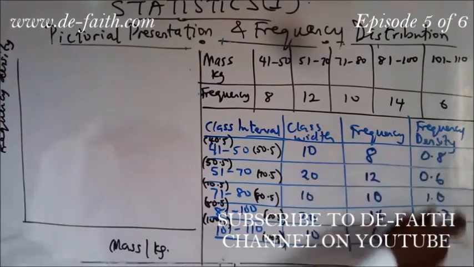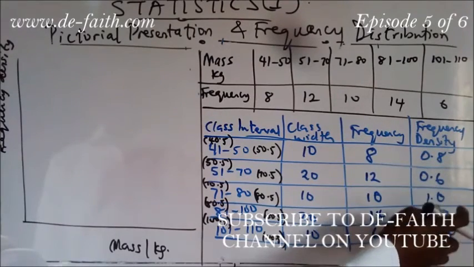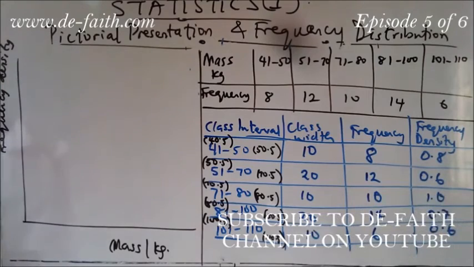Then for the frequency density, we have from 0.6 to 1, and so we could vary it. So we have 0.1 here, 0.1 here, 0.3 here, 0.5 here, 0.7, 0.9, and 1.0. And so here we have the frequency density.